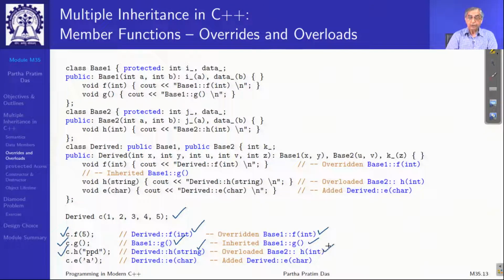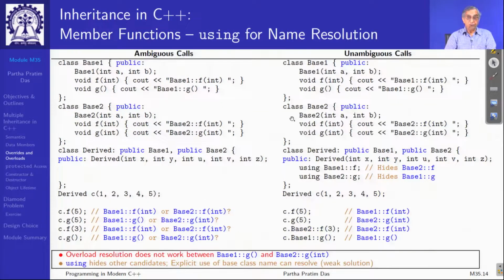You have overloaded. So, in that process you have also hidden Base2::h(int), and if we have to expose it, we can use the using feature, which we will soon see. And naturally the added member function can always be invoked. So, this is the basic extension of the simple rules that we had earlier, and we can make use of them to decide which function will be called on which object.